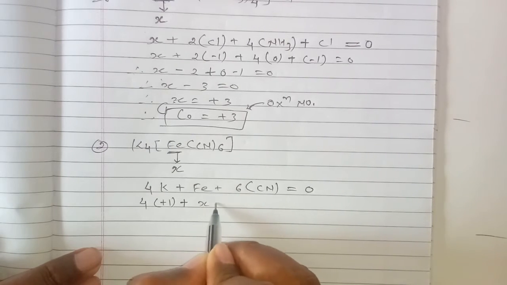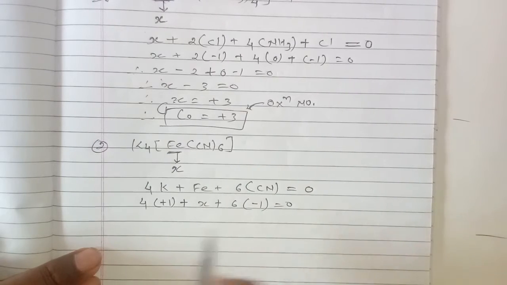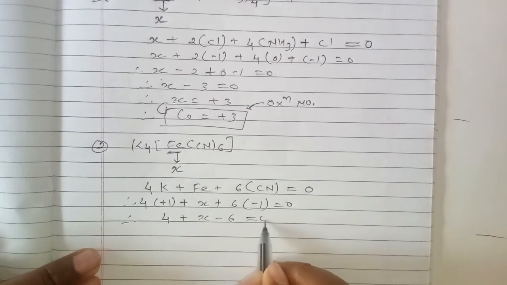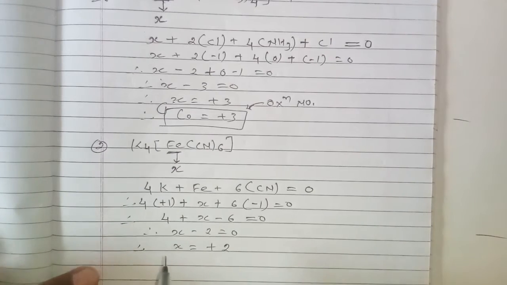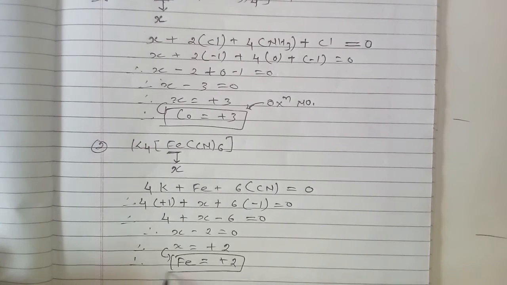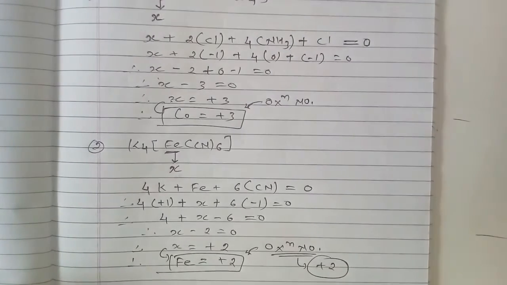For Fe, it is X, and for cyanide ion minus 1 equal to 0. Therefore 4 plus X, and here the minus 6 equal to 0. X minus 2 equal to 0. Therefore X equal to plus 2. Therefore X stands for Fe. Oxidation number of Fe is plus 2.